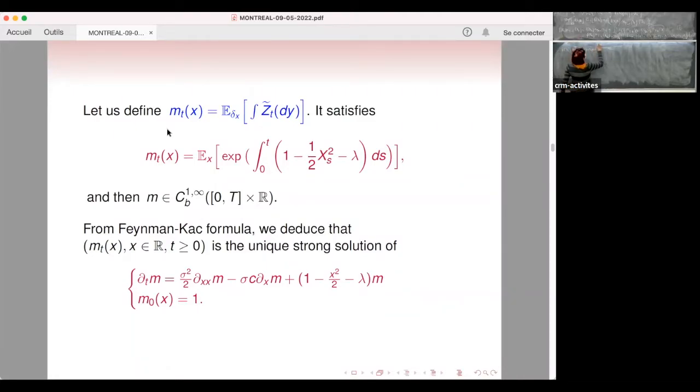So here we apply the Ito formula. That's very easy. So what does it give? The first term is identical. So plus the integral from u to t.